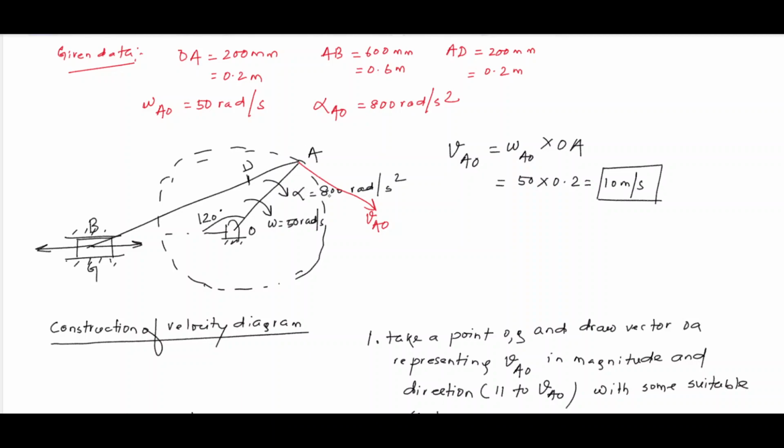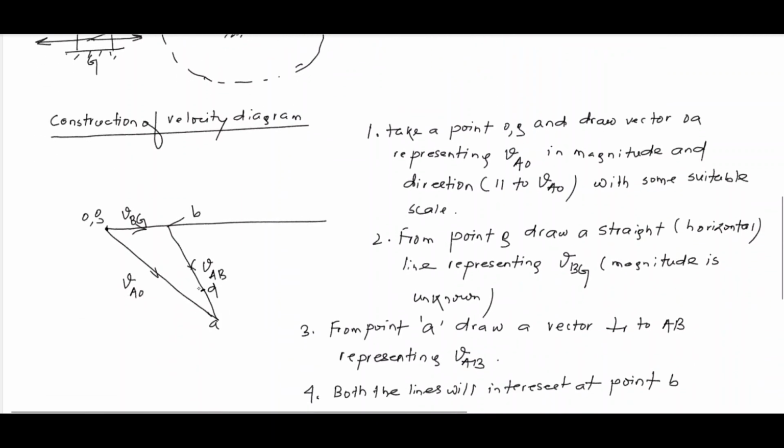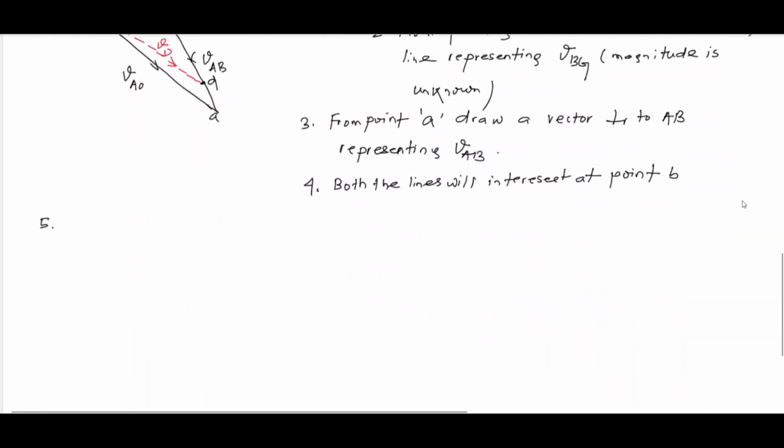So if you have taken 1 mm equal to 100 mm, then total AB is 6 centimeter and this is your 2 centimeter. So likewise you have to locate point D in the velocity diagram, and you join this line by a dotted line, and this will give you the velocity of point D. Clear?